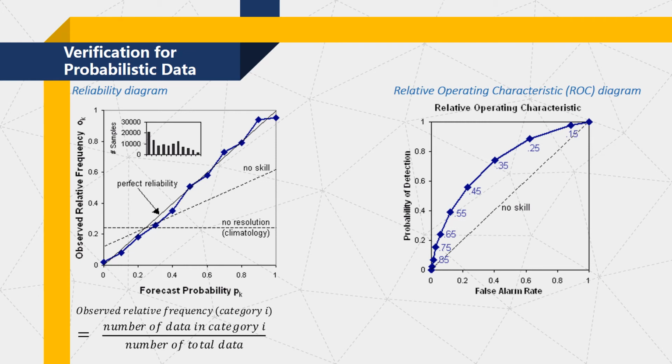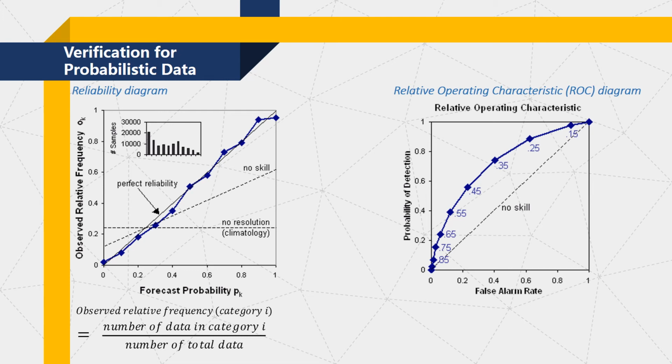And the second graph or diagram is ROC, or relative operating characteristic. ROC is a diagram that uses hit rate or POD for the vertical axis and false alarm rate or POFD for the horizontal axis.